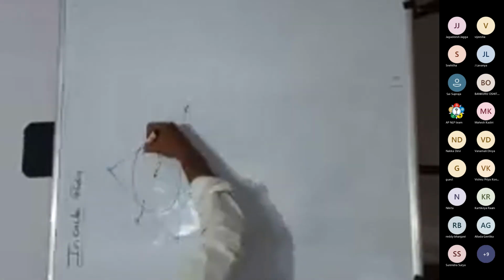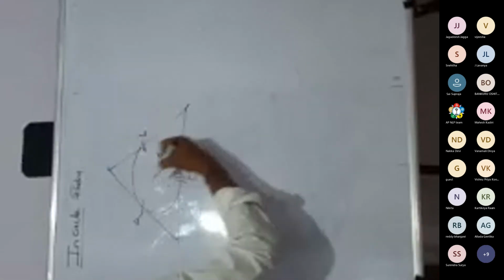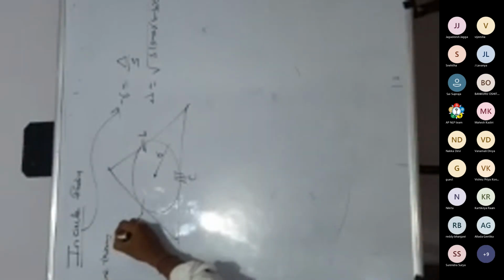There are two triangles. For the scalene triangle, where all the sides are different, small r is equal to delta by s. We get delta from Heron's formula, where delta is equal to root over s into (s minus a) into (s minus b) into (s minus c). This is very, very important, as BITS directly asks questions on incircle radius. For the scalene triangle, incircle radius, okay, let me discuss.